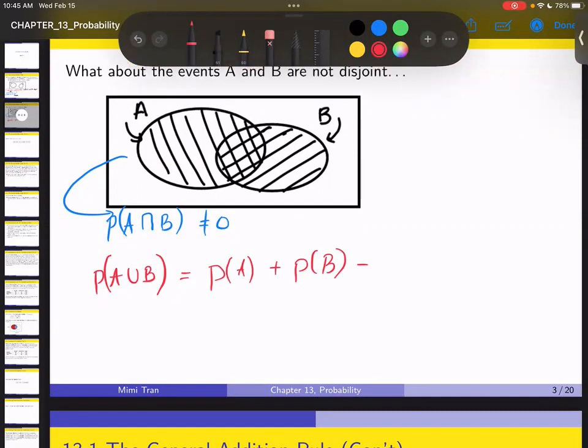So you shade the first circle and you shade the second circle. What happened in the middle part? How many times you shade in the middle part? Twice, right? So you got to subtract the extra shade that you did, right? So it's minus P of A and B. So this is the addition rule.